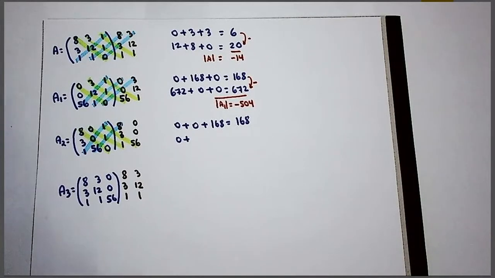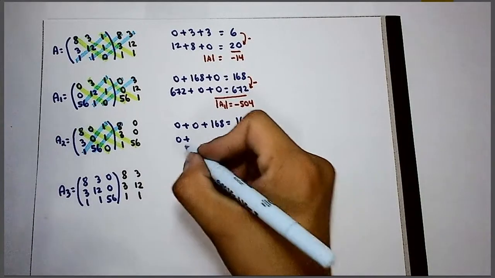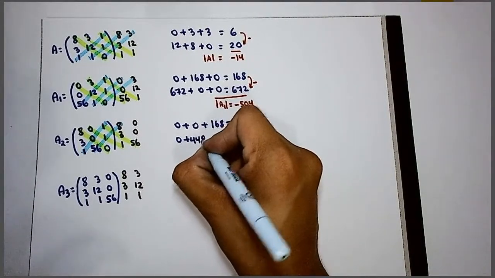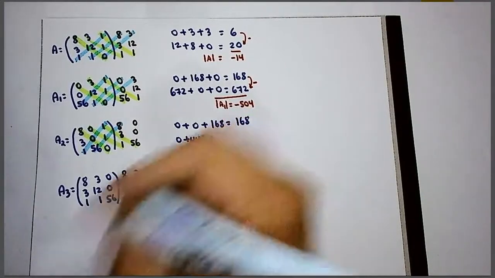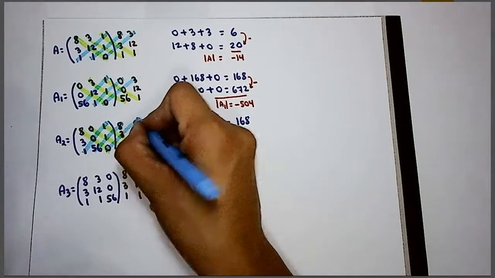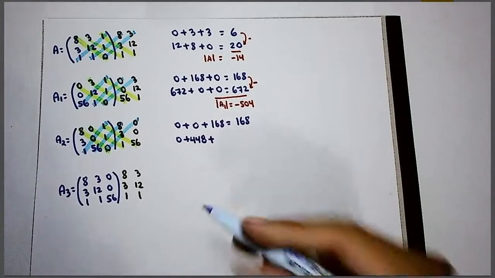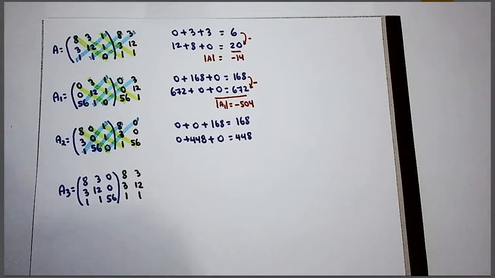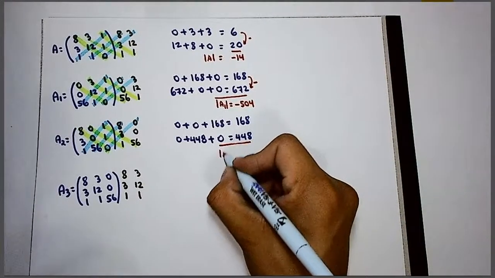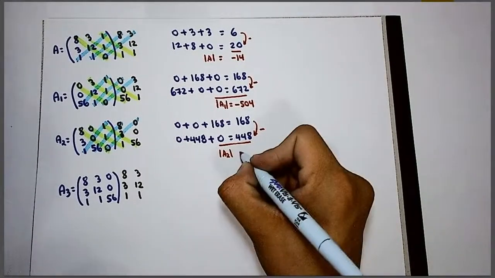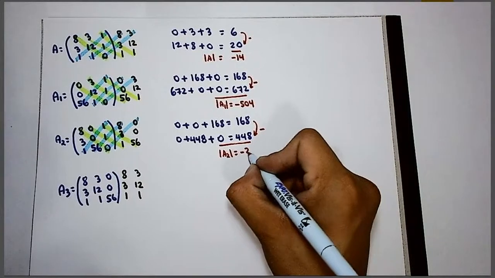That is 448, plus 0 times 3 times 0 is 0. This means that the determinant of A sub 2 is equal to minus 280.